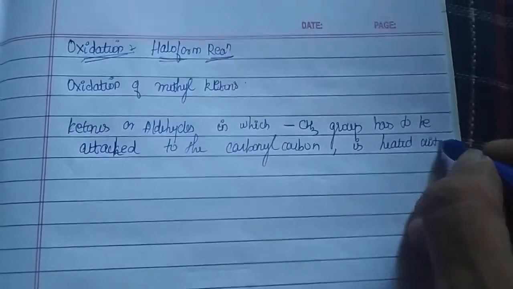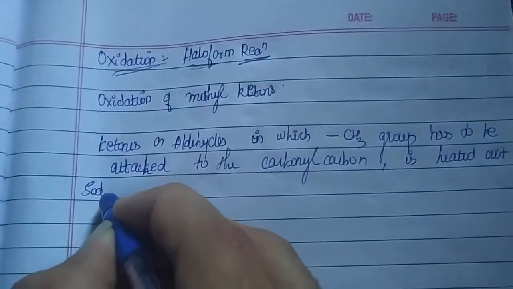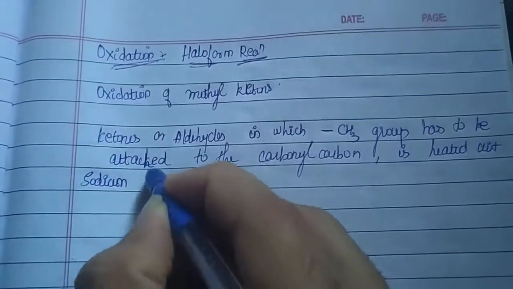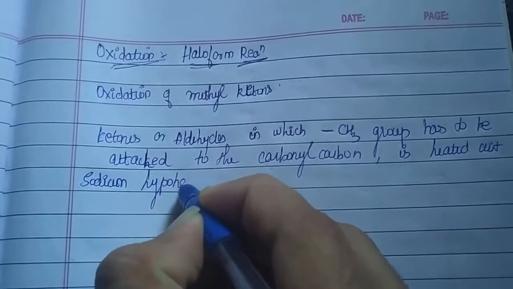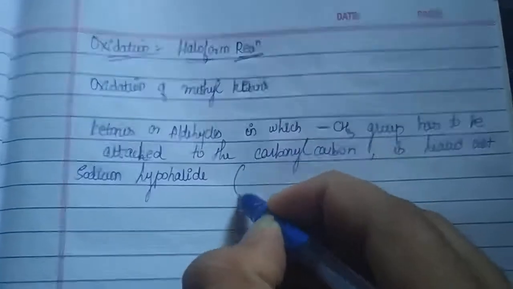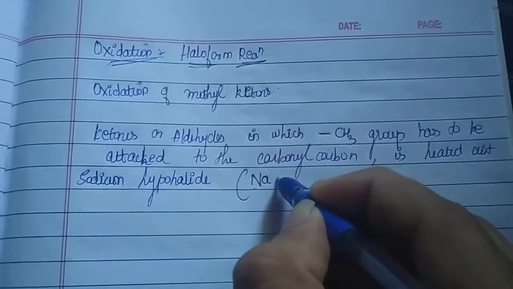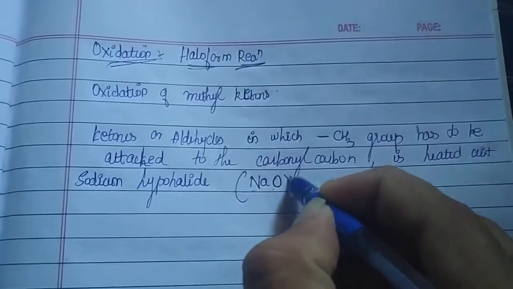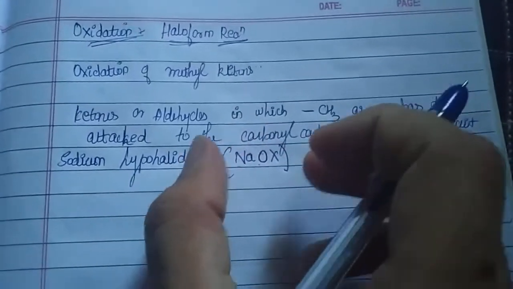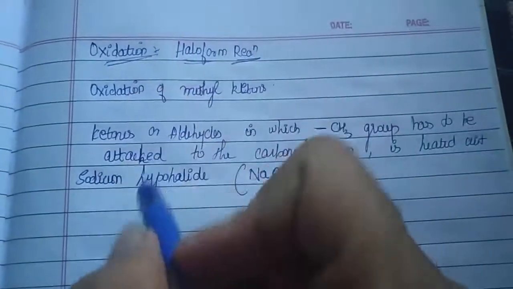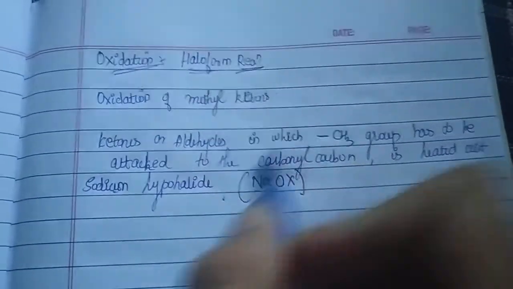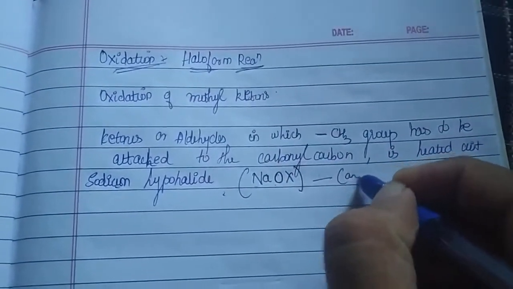with sodium hypohalide, for example, in general notation, NaOX. Sodium hypohalide means NaOX. So NaOX is called sodium hypohalide, and basically this is an oxidizing agent.